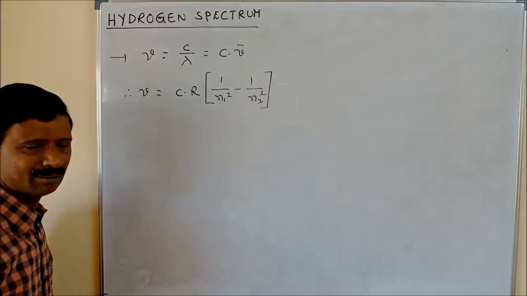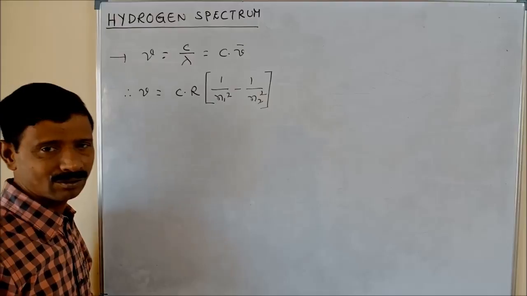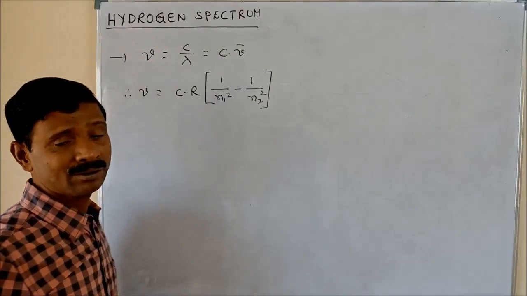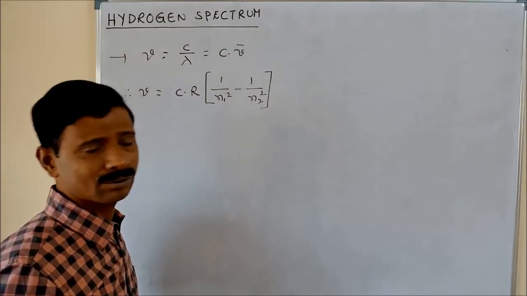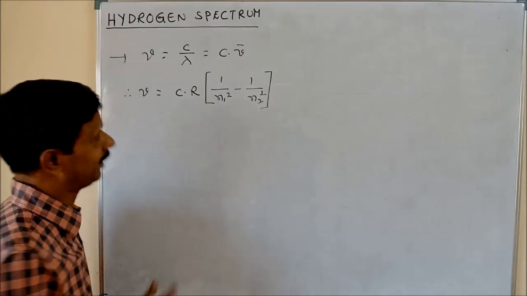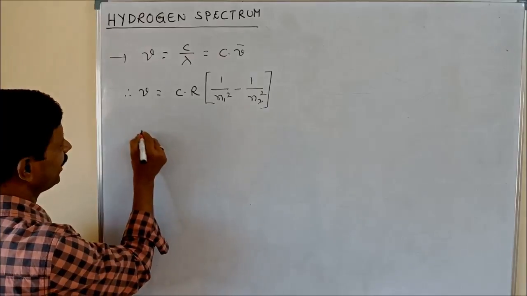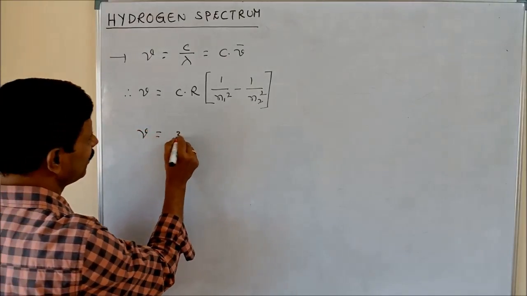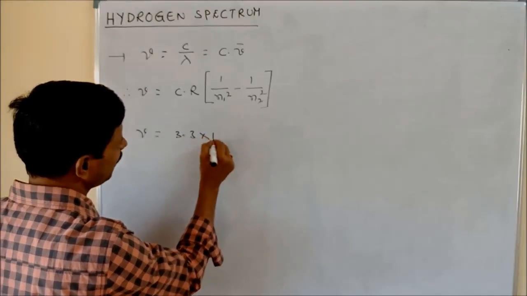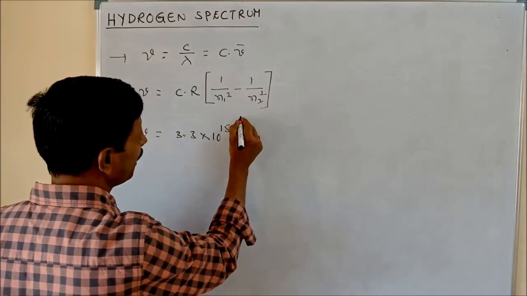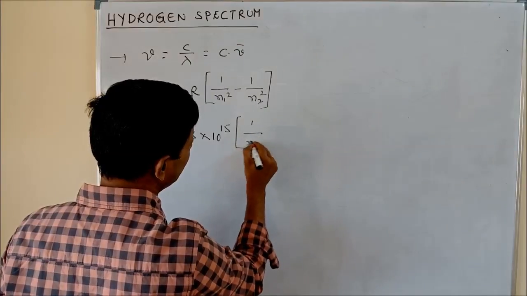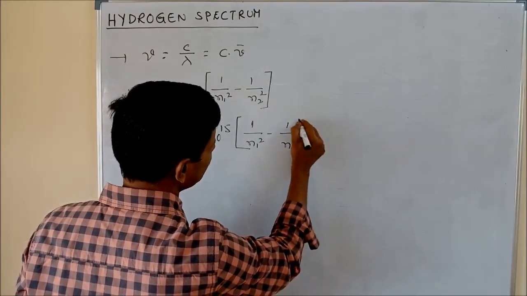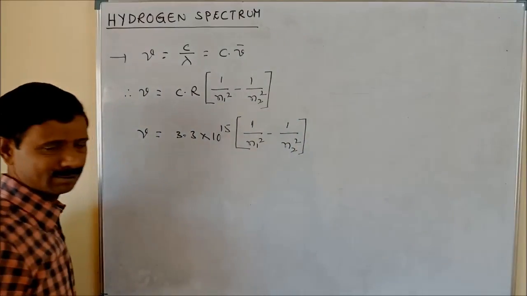Here I am not mentioning Z because our entire discussion is related to the hydrogen spectrum. Now C is constant, R is also constant. So if you substitute both C and R values, finally the frequency of that emitted light is nu equals 3.3 into 10 power 15 into (1 by n1 square minus 1 by n2 square) into Z square.